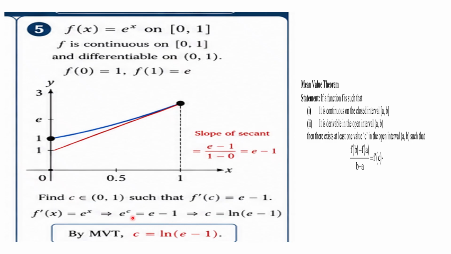Taking log on both sides, c is equal to ln of e minus 1. This, of course, belongs to the open interval 0 to 1. So for this we will have f prime c equal to e minus 1. This condition holds.